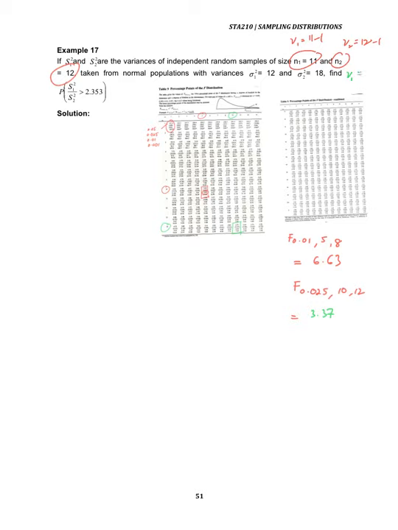So V1 equals to 10, V2 equals to 11. So now apa yang perlu kita buat? Kita nak cari probability of S1 square over S2 square is greater than 2.353.